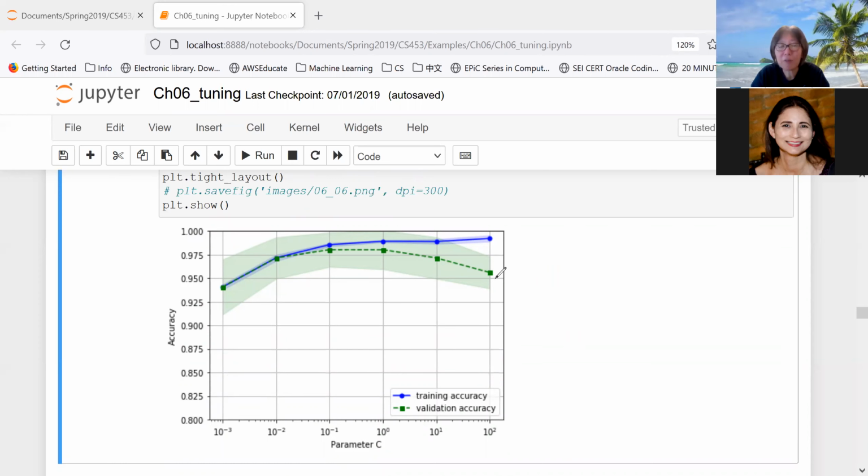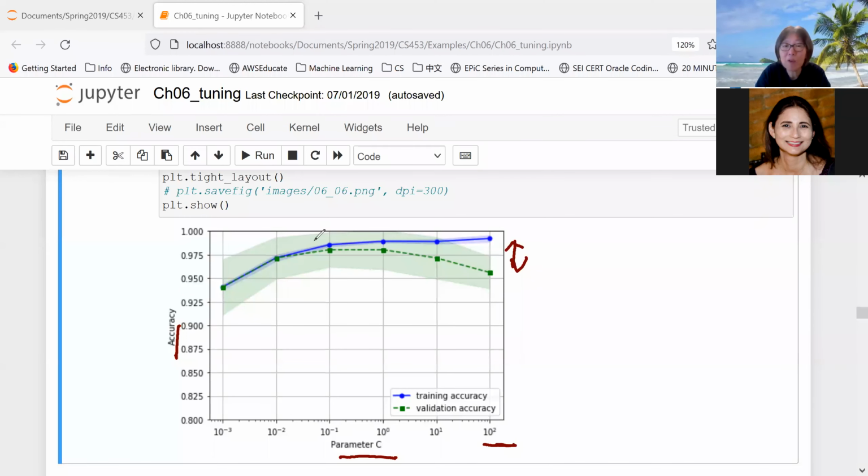So then over here, this gives us the validation curve. Here the x-axis is the parameter C, and the y-axis is the accuracy. From this, you can see that when the parameter C value goes large, the gap between these two increases. So definitely it's not good.